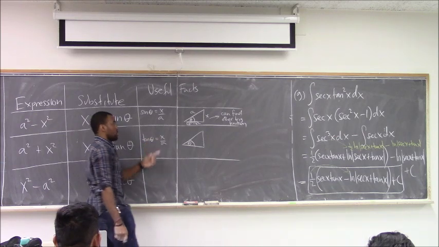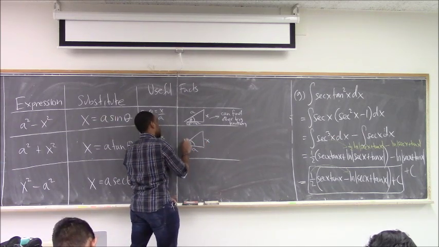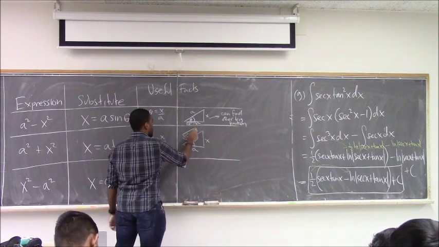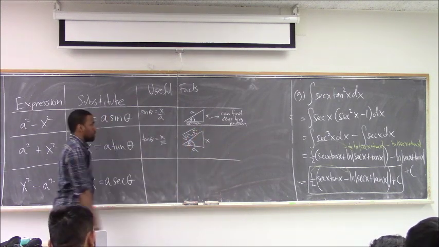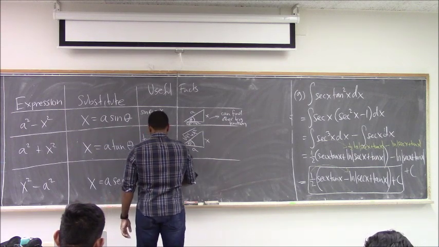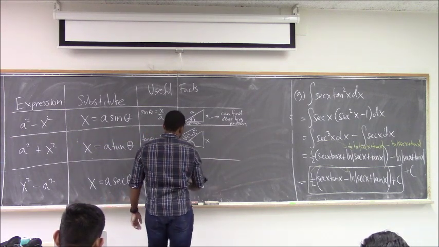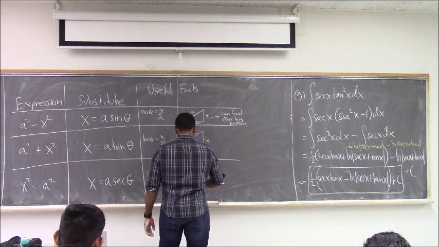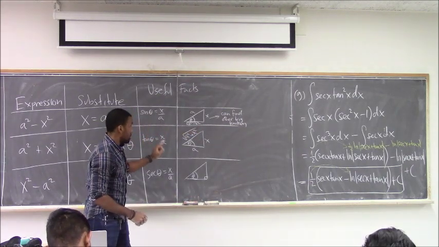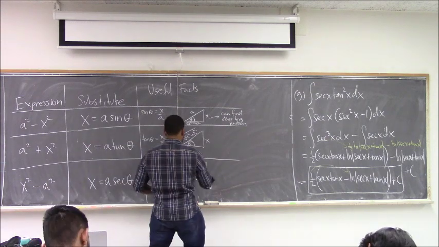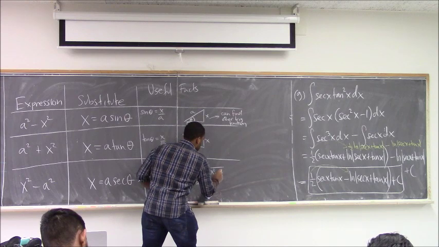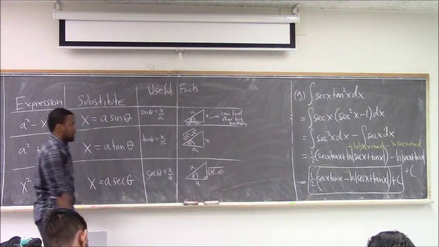Tangent I know is opposite over adjacent. So this is going to be a squared plus x squared. And I can use that to talk about the other trig functions. Here, if my secant is x over a, this leads to a triangle where secant is hypotenuse over adjacent. So this is going to be x squared minus a squared over here by Pythagoras' theorem.